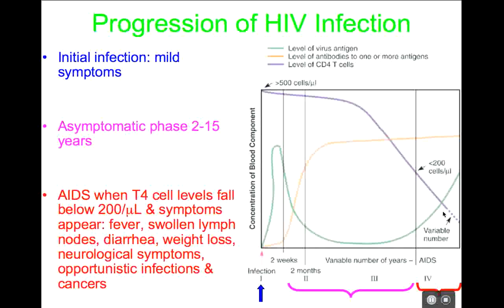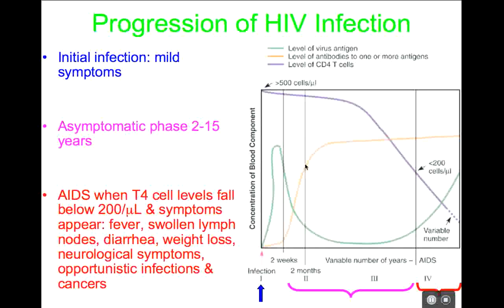Now, if we look at what's happening with antibodies, antibodies is the orange trace. So here, the first time HIV shows up in your bloodstream, it takes some time before the antibody level is reliably high enough for us to see. Remember, it takes a while to go through clonal selection and interaction with the T helper and clonal expansion and plasma cell creation and memory B creation and all that stuff.